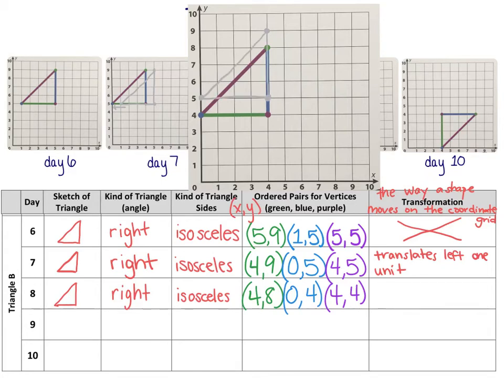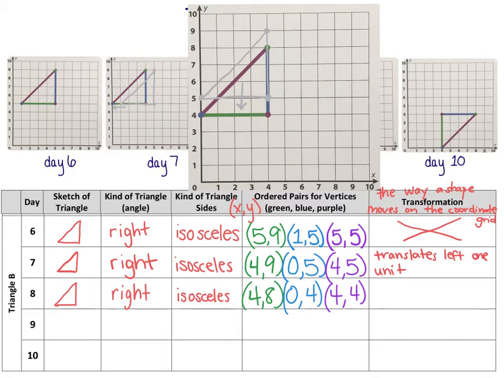Now I've connected all of my points to make the triangle, and we can see that it was where the gray one was, and that now the triangle has moved down. It has slid down. When we say slid, we know that it means translates.